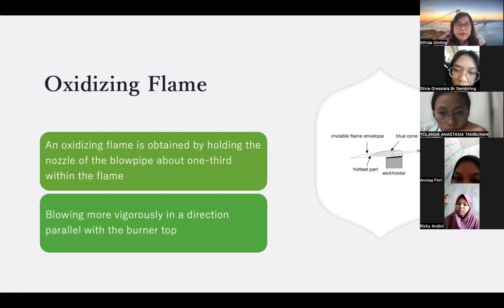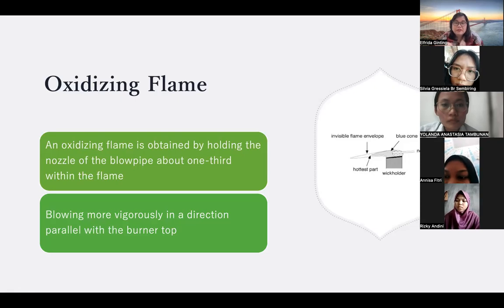When you turn on your gas stove, for example, if the flame color is orange, it means there is something wrong with your gas stove. The ideal gas stove flame should be blue. Why? Because that is the hottest part of the flame.